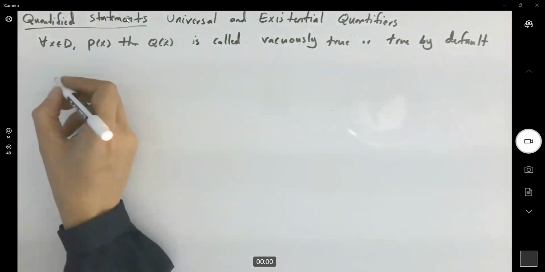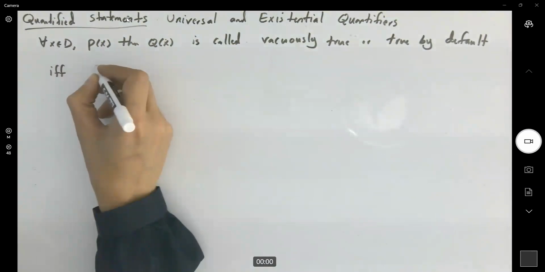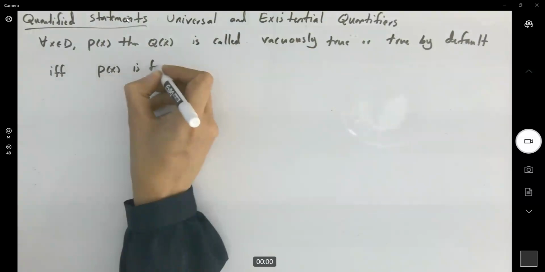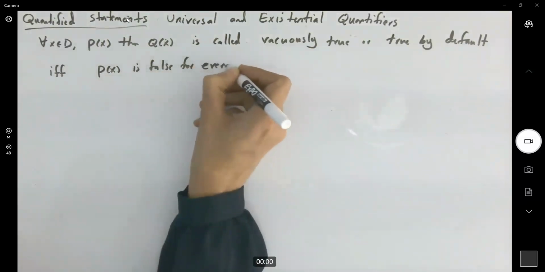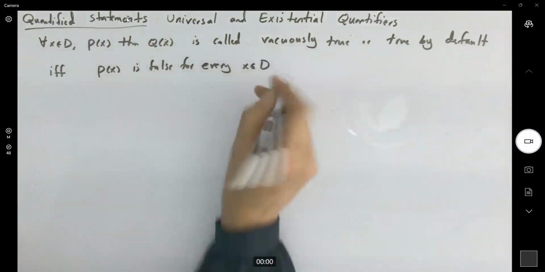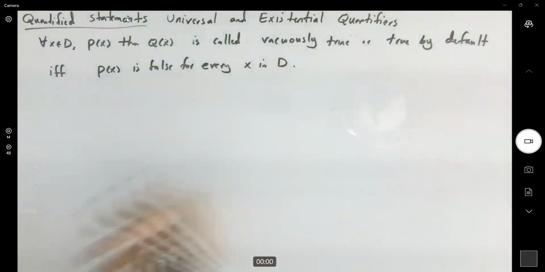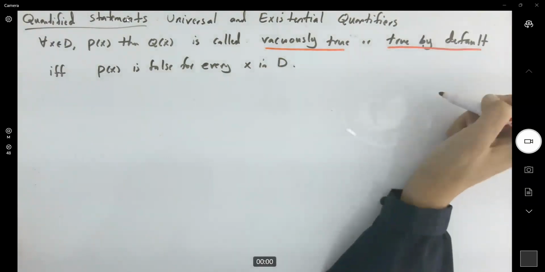If and only if Px is false for every x in D. Just a quick note for you, vacuously true or true by default.